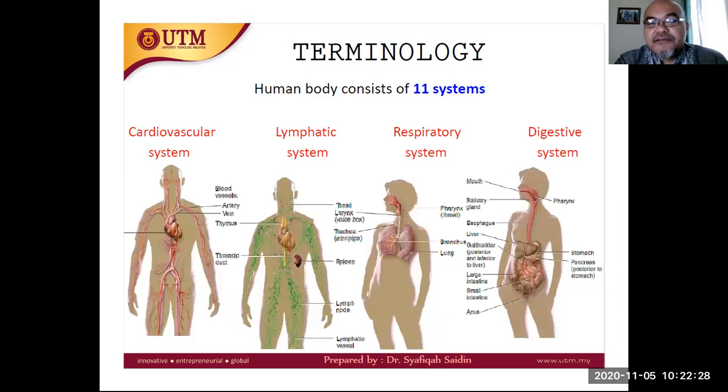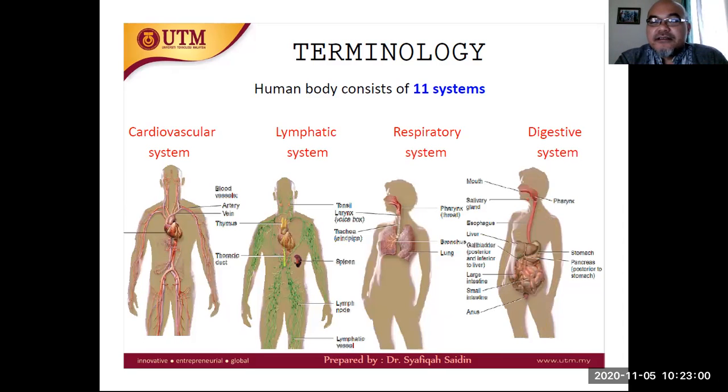Cardiovascular system, this is one of the main systems within our body, and usually in the ICU, all this monitoring equipment in the ICU is aimed to preserve the cardiovascular system so that the heart can pump the blood at the correct pace, so that then enough oxygen and enough nutrients are being circulated around the body.